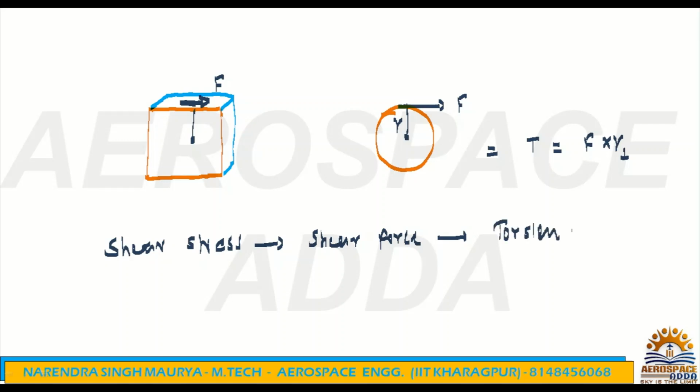Very simple. These are a few sequences you need to remember. Suppose this is the shear stress, tau, not sigma, it's tau. Then how will you get torsion here? Shear stress means tau.